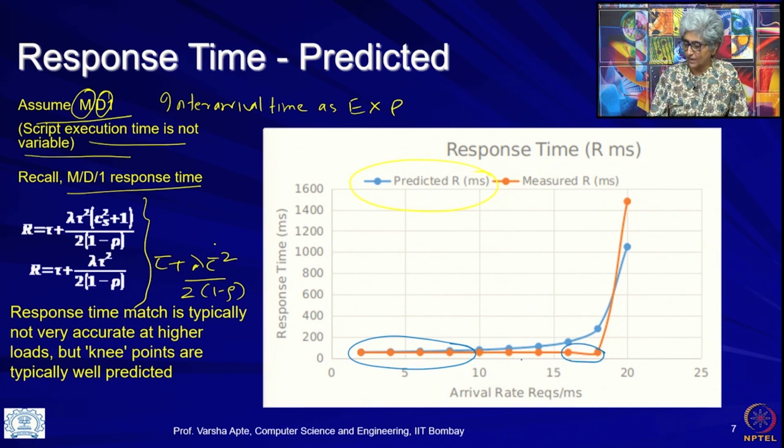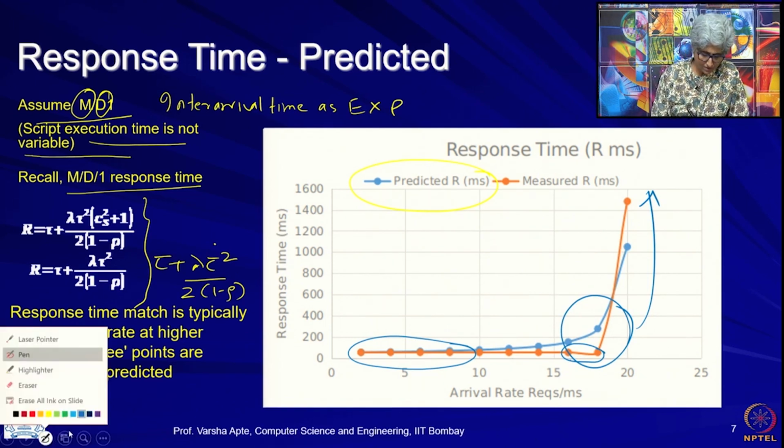Still, as a trend and a visual comparison of actually capturing the non-linearity of how response time increases, the predicted response time does quite okay, and also the point at which the sudden increase happens is predicted quite well by the formula. So, considering how beautiful and simple looking the formula is, my claim is that it still does a very good job at predicting something like a response time.